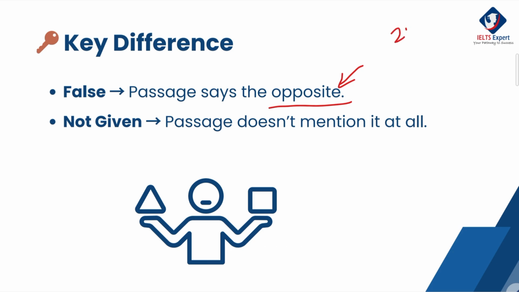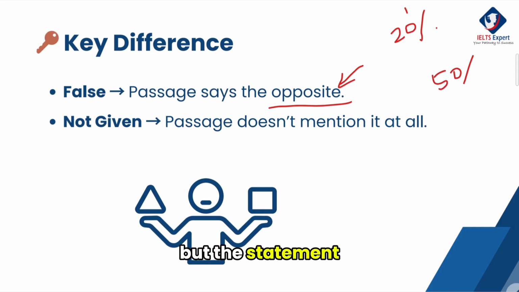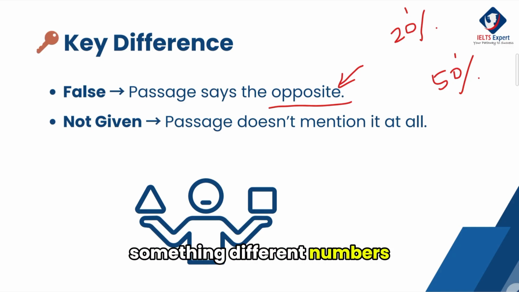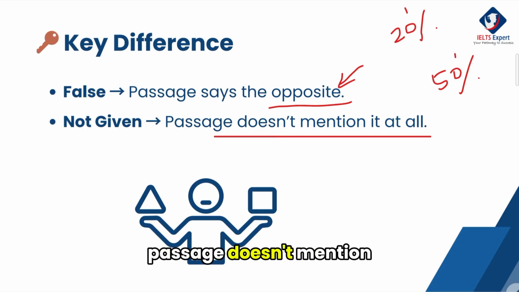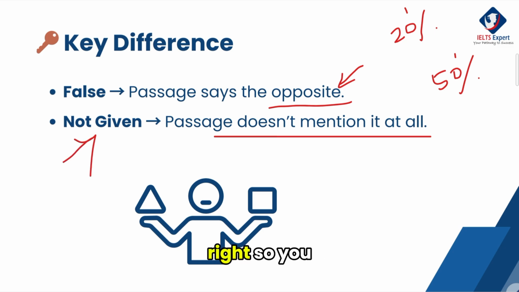For example, the passage mentioned 20% of production, but the statement mentioned 50% of production. So the passage directly says the opposite, or maybe something different, like different numbers. How about not given? When the passage doesn't mention the information at all, then you will decide not given, so you're going to write NG.